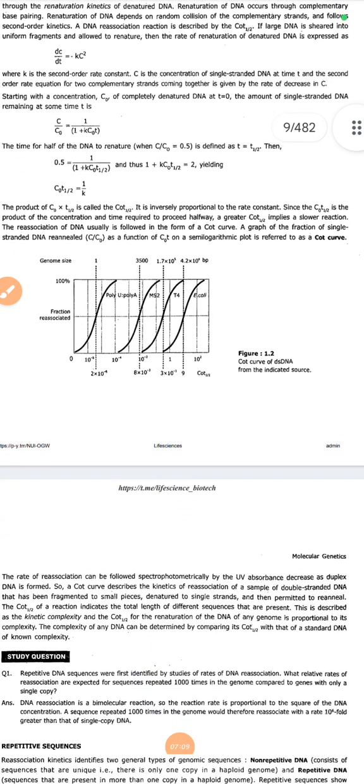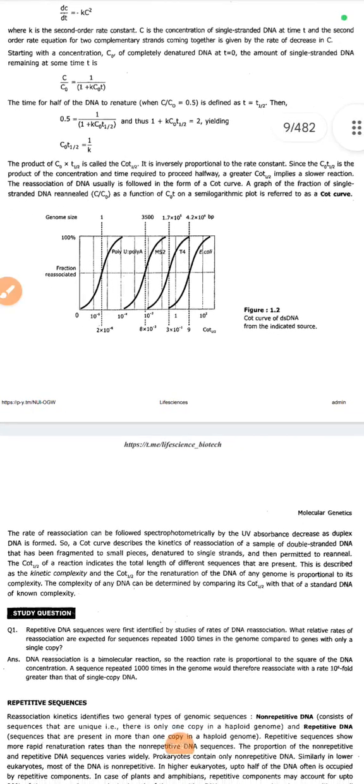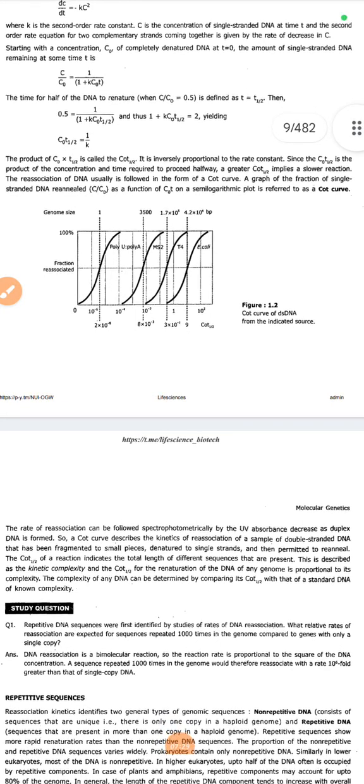Since C0 t half is the product of the concentration and time, Cot is the product of concentration C and the time required to proceed halfway. A greater Cot implies a slower reaction. The higher the value of K, the faster the reaction.